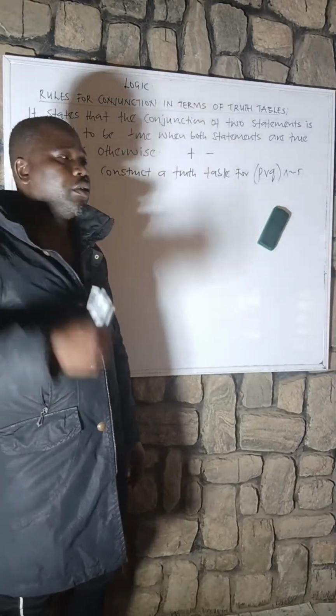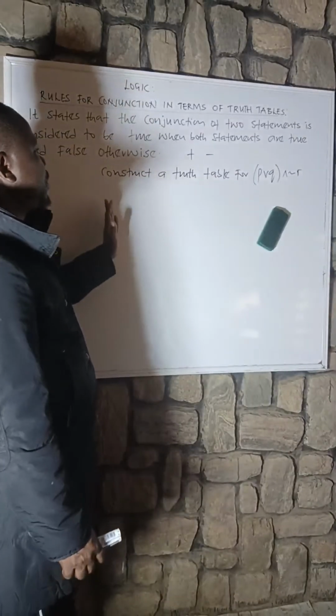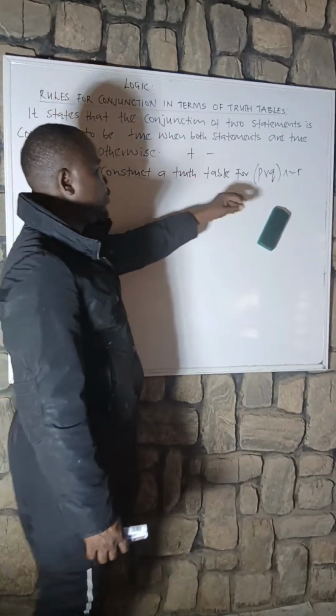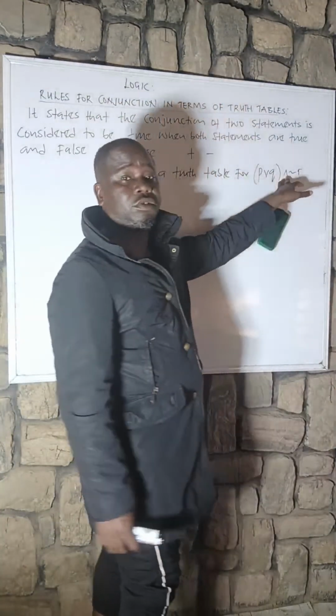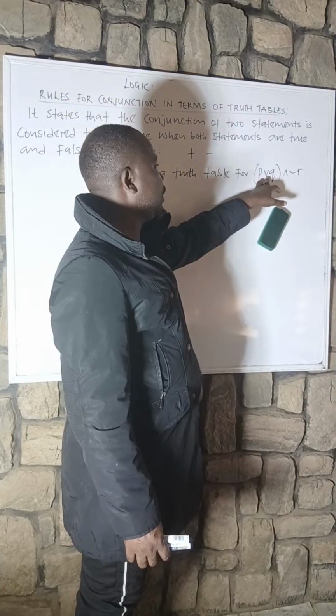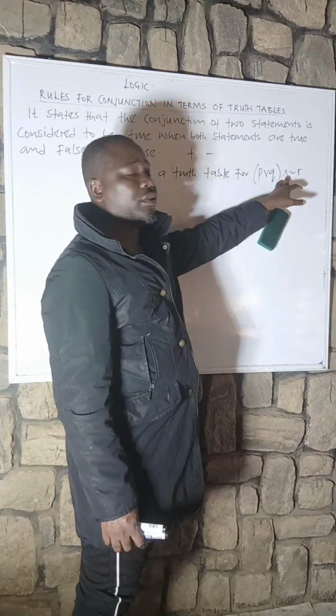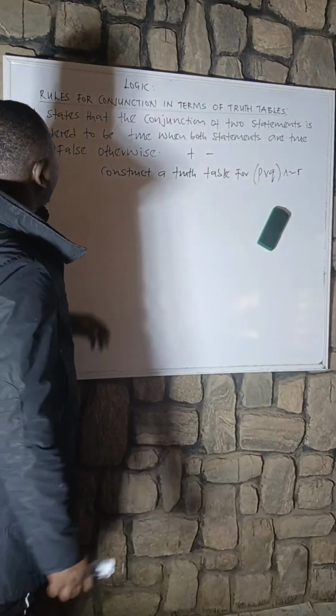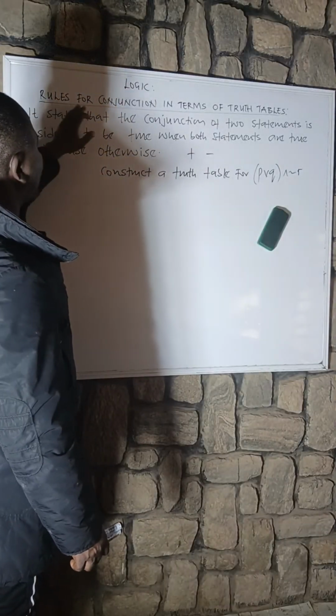So before we prepare this truth table, I would like us to consider the rules of conjunction, but we also have disjunction here. There is conjunction here, there is disjunction here. So take note of the rules.